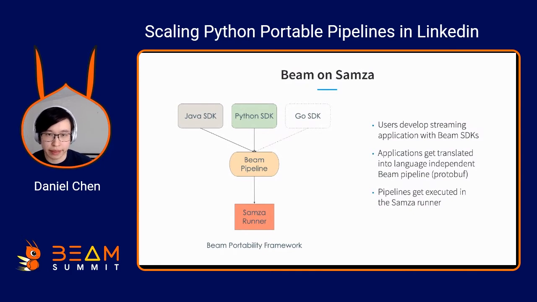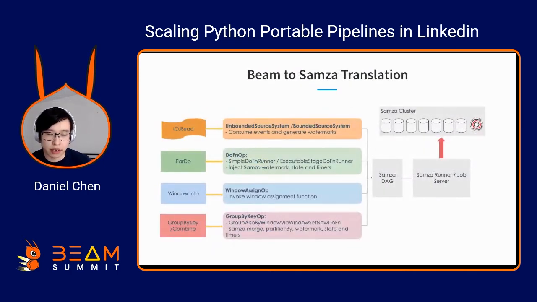If we zoom in on that, it turns out regardless of portable runner, regardless of Java runner, it's very important that we have these four core transforms to be translated into a Samza pipeline.